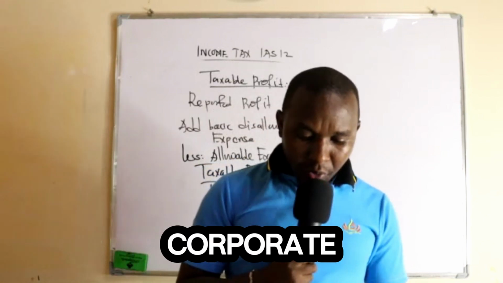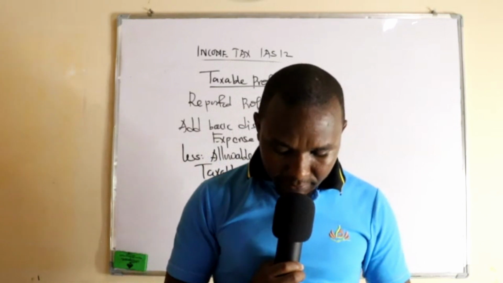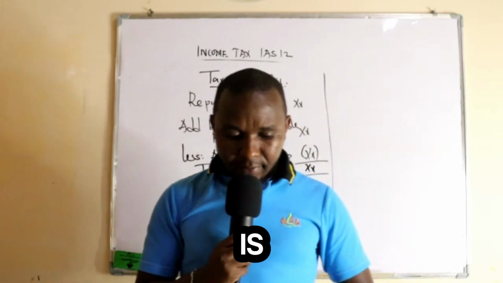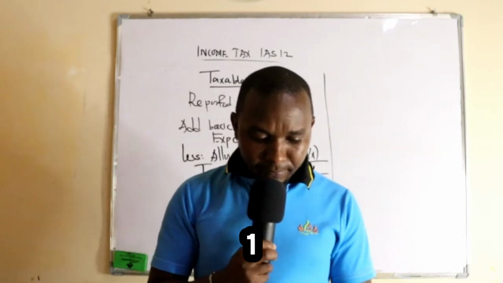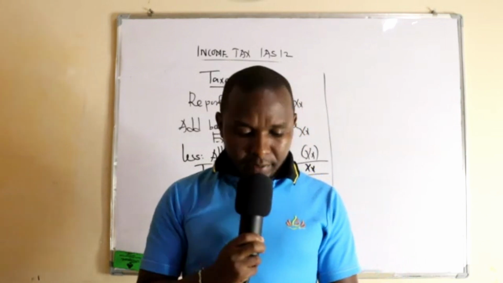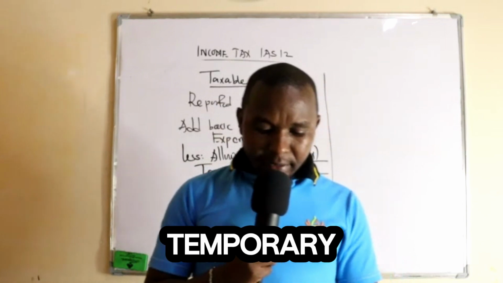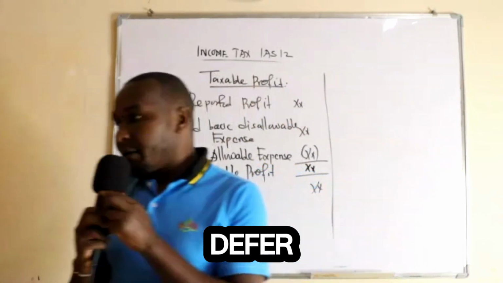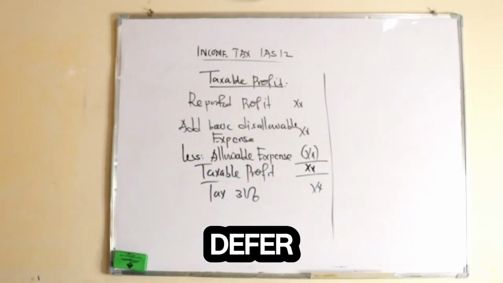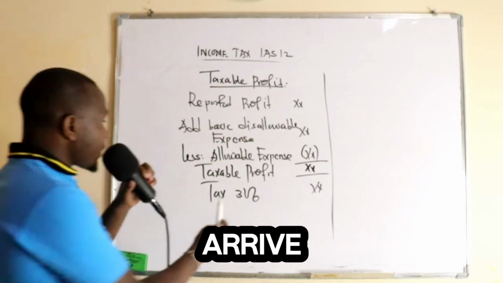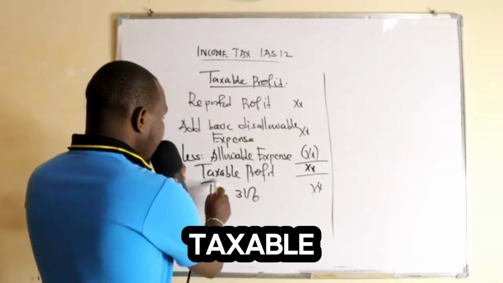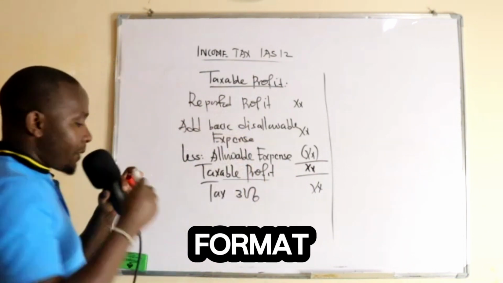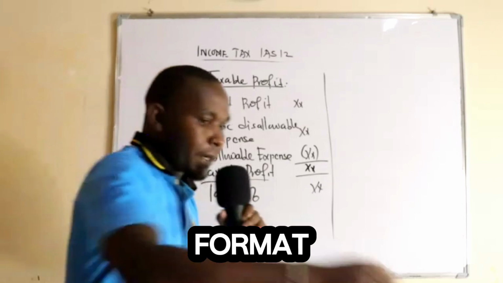We have been told the corporate tax rate is 30%. Required number 1, the taxable profit. Number 2, the temporary difference and the deferred tax account. So for us to arrive at the taxable profit, we will use this format.